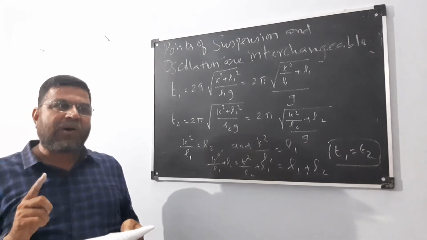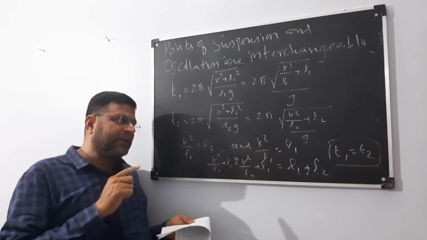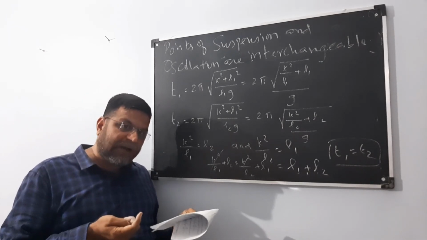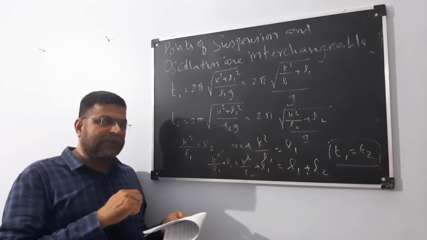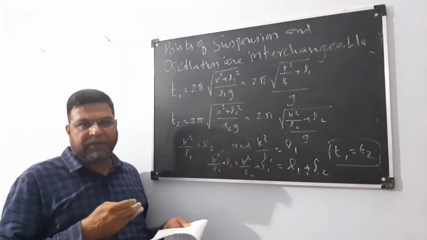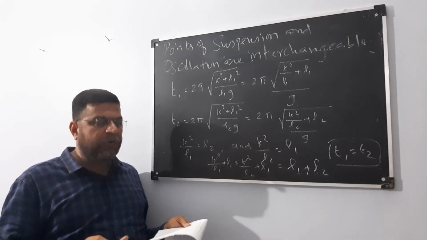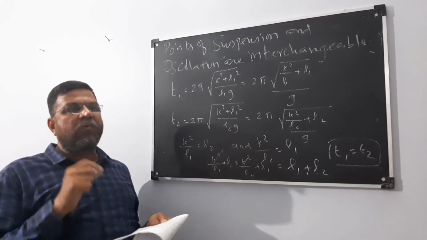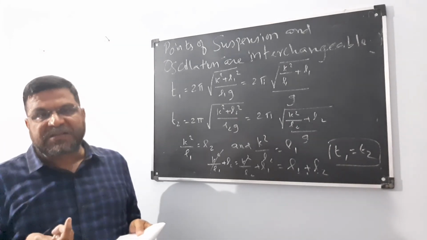If you are taking L1 as the point of suspension, then L2 will be the point of oscillation. If you are taking L1 to be the point of oscillation, L2 will be the point of suspension. So you remember this point. When we are teaching practicals, we will show you a demonstration of how we are taking the point of oscillation and how we are taking the point of suspension.